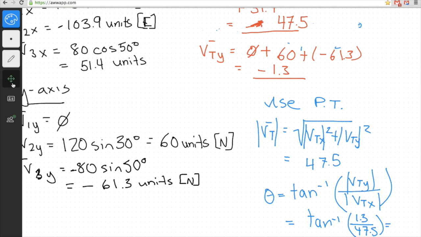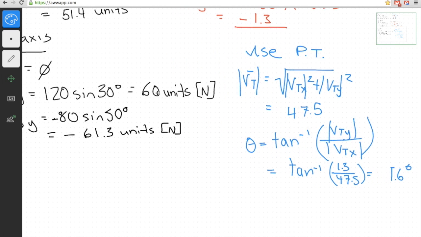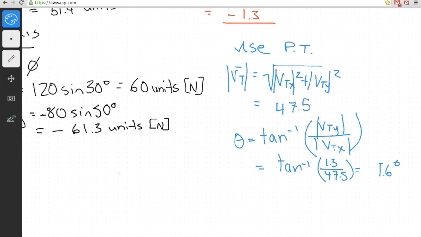And that ends up being 1.6 degrees. So, therefore, the resultant is 47.5 units.